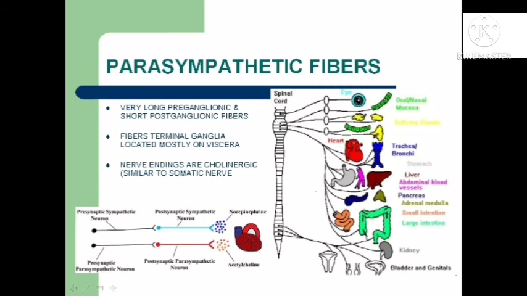The terminal ganglia are located mostly even within the wall of the viscera. The nerve endings release acetylcholine. Therefore, these nerves are also called cholinergic nerves. In contrast, the sympathetic fibers are called adrenergic because they release norepinephrine or adrenaline.